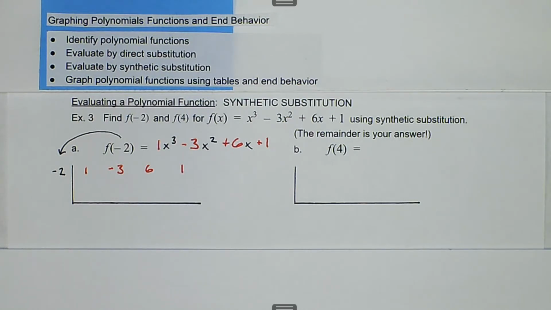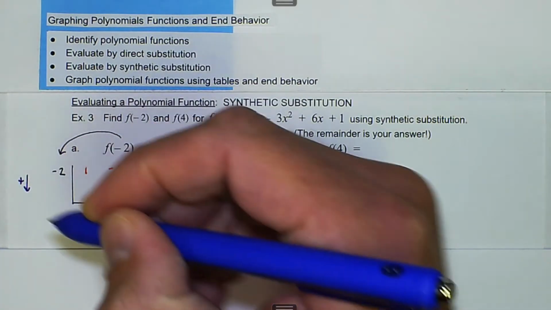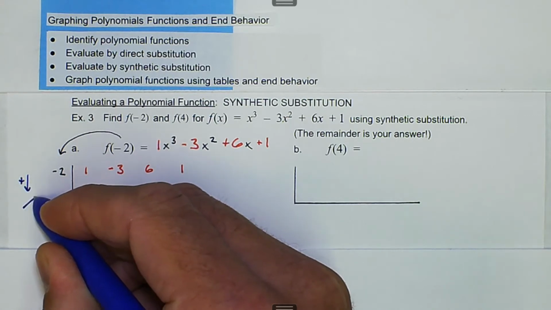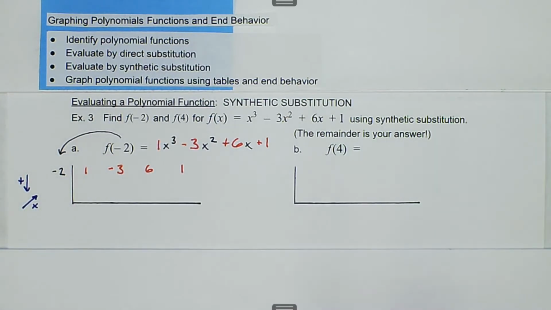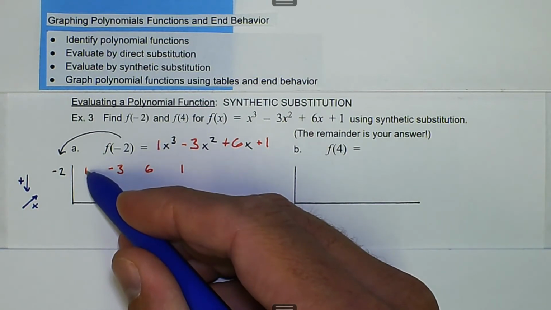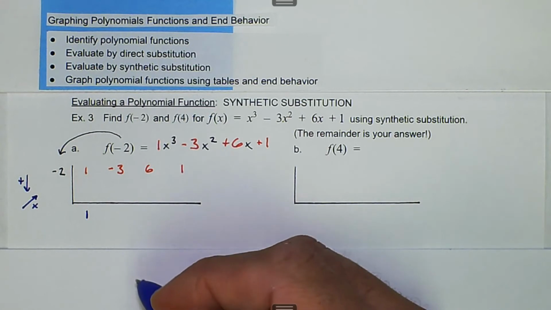When we do this, as we go down, we're going to add, and then we're going to multiply on the diagonal. In this case, there's nothing written under the first coefficient, so we're going to add down to start. So 1 plus 0 is 1.